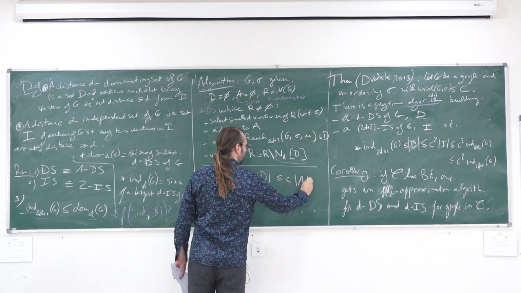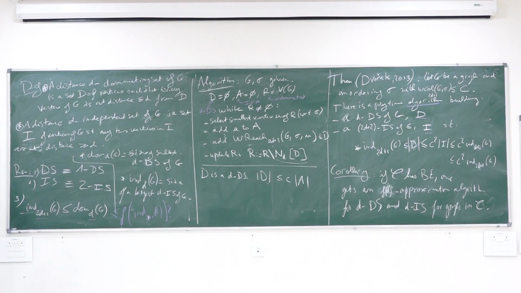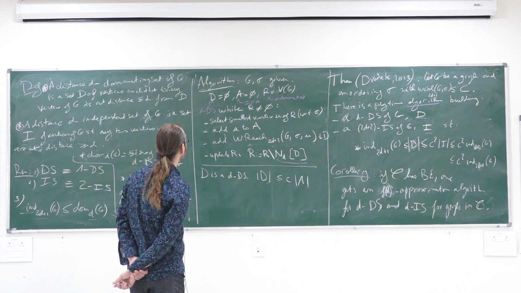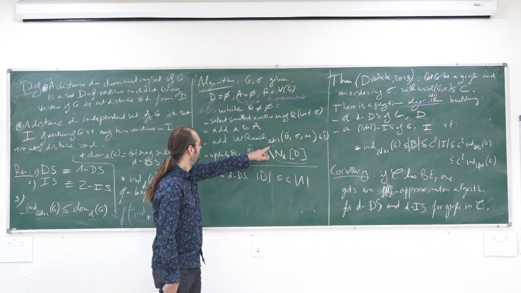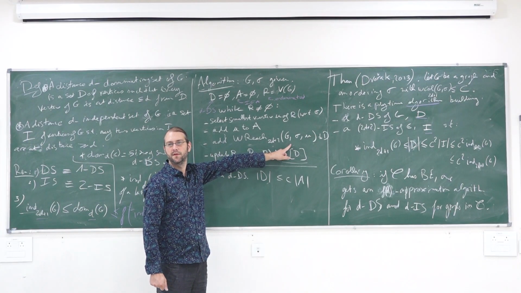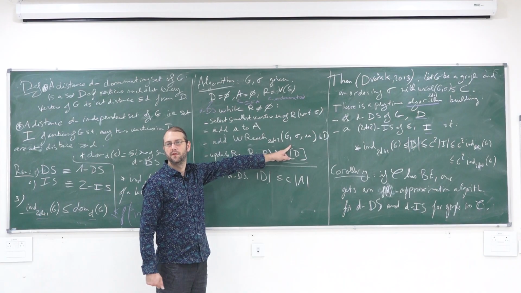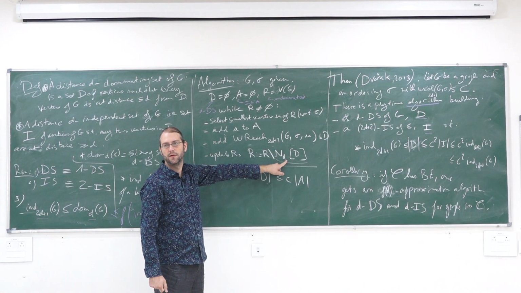You also need to remove U from R. So U goes inside the dominating set. Yeah, so obviously he's dominated. So U will be automatically removed in this step.